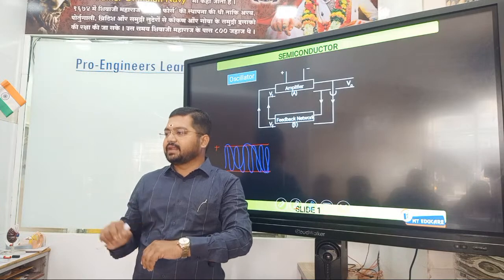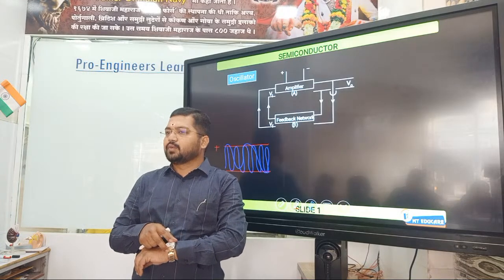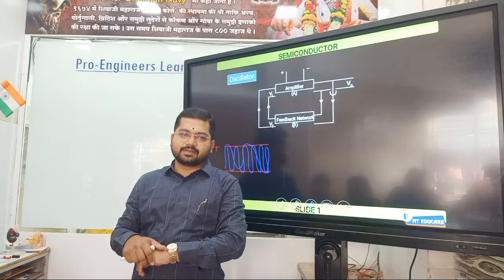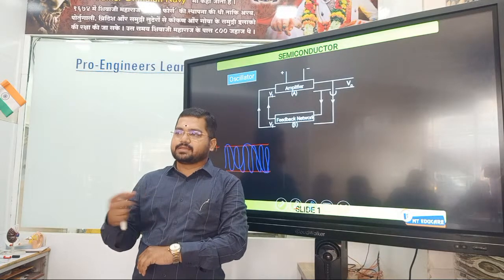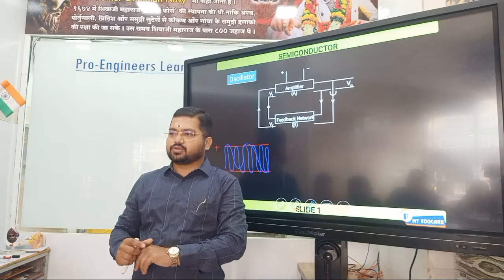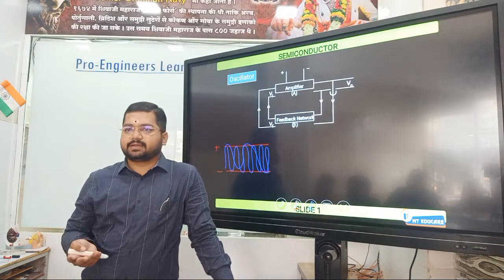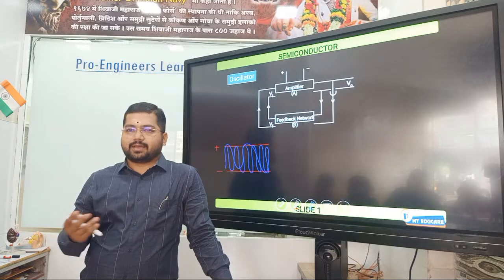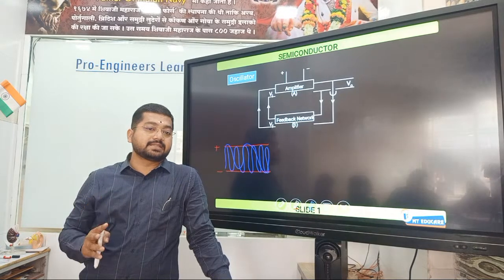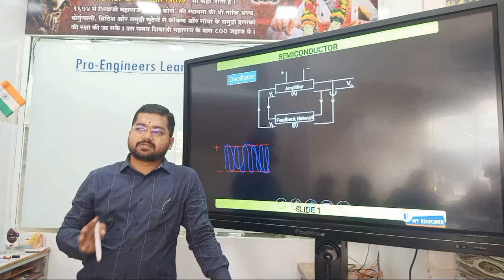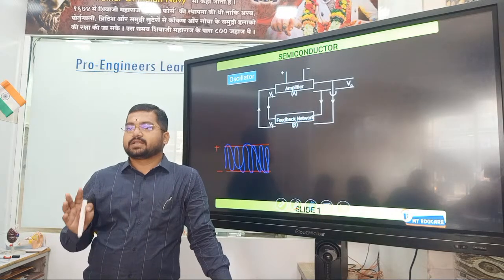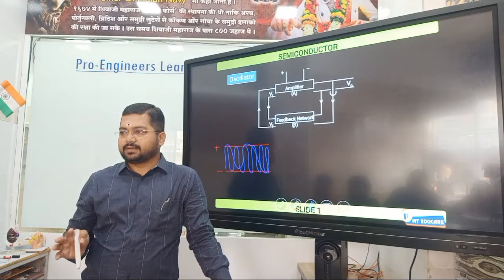But everywhere in the world, the reference is 1 second. If we do not have a reference, can we match our watches? No, not at all. So there must be a reference. For every microprocessor and microcontroller, we need a reference signal or reference frequency, and that is nothing but the oscillating frequency. Clear?